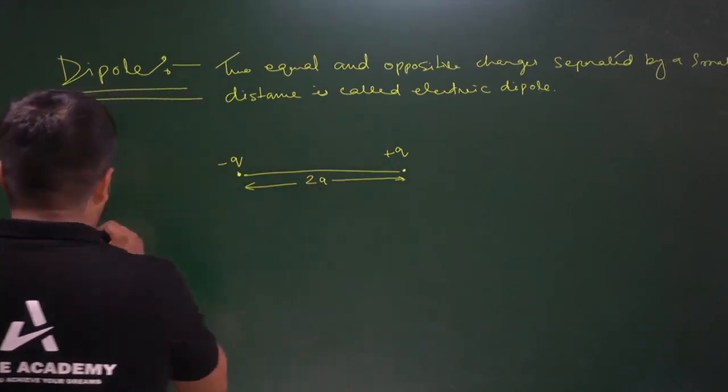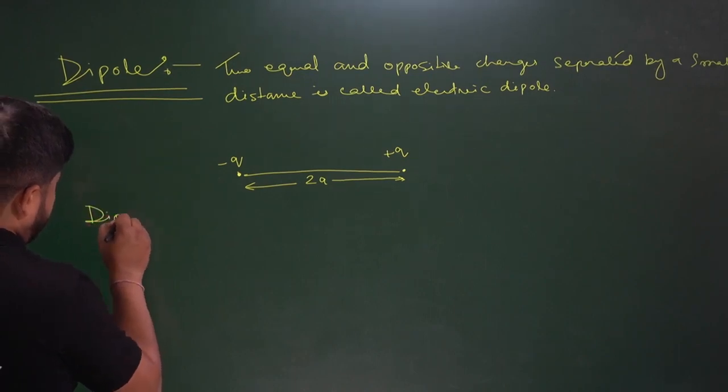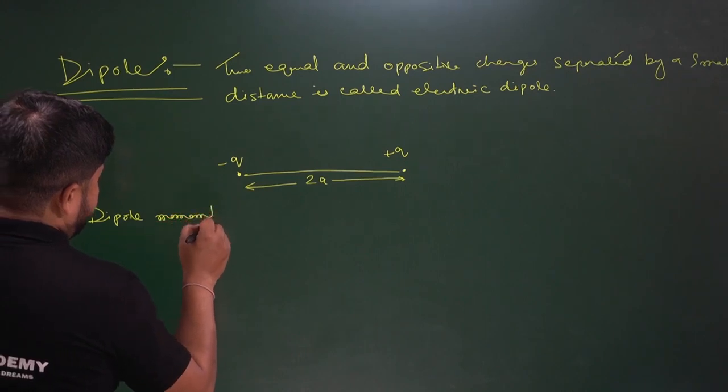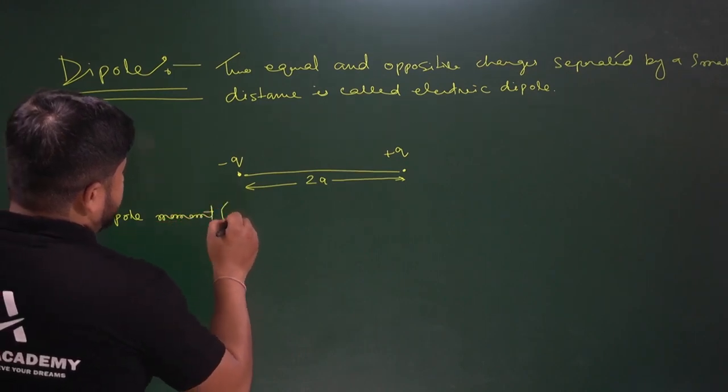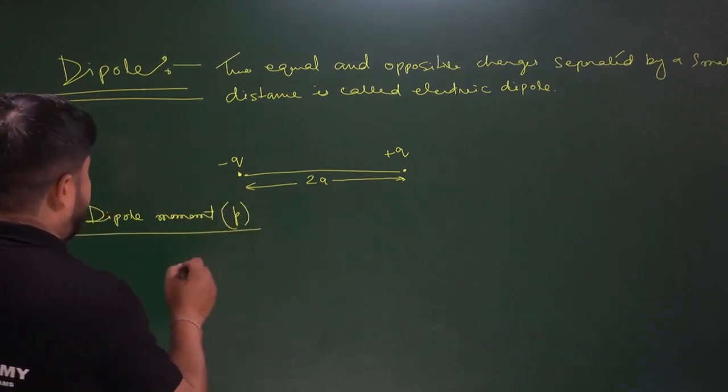So this is the diagrammatic representation of the electric dipole. Another term is called dipole moment. We can represent the dipole moment as small letter p. What is dipole moment?